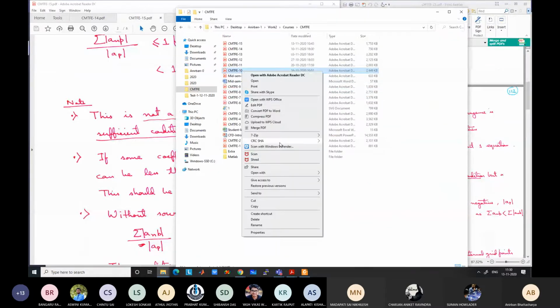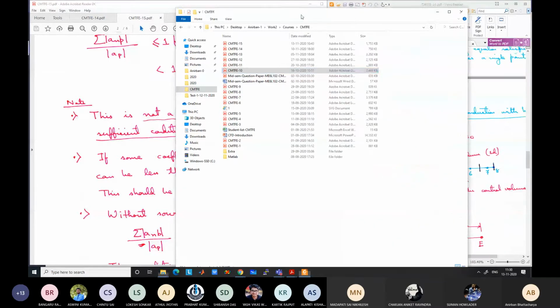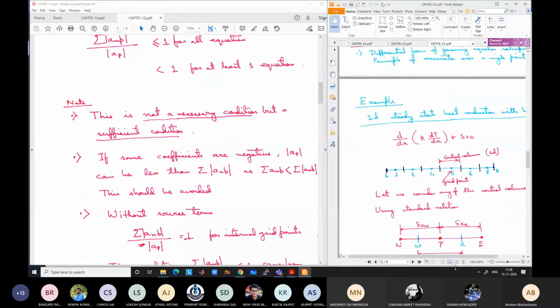Check this one, the steady state with heat source.